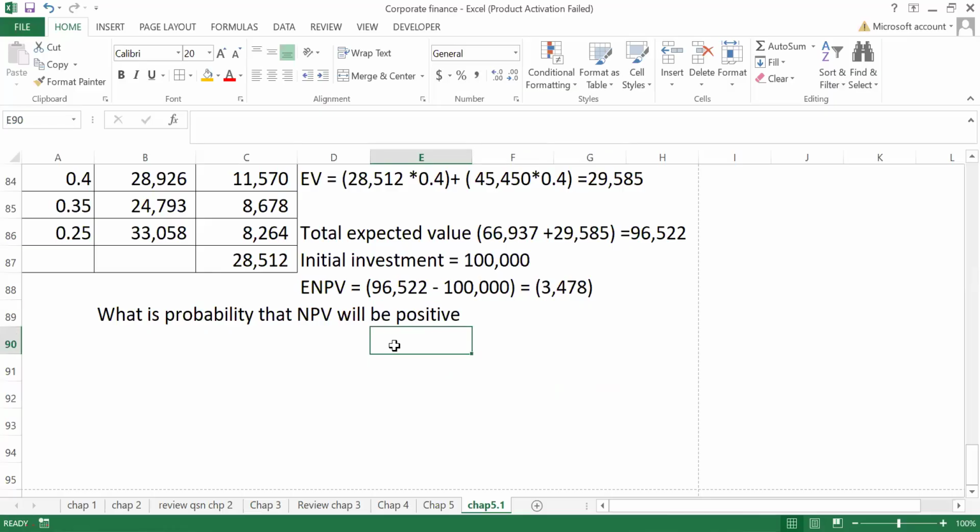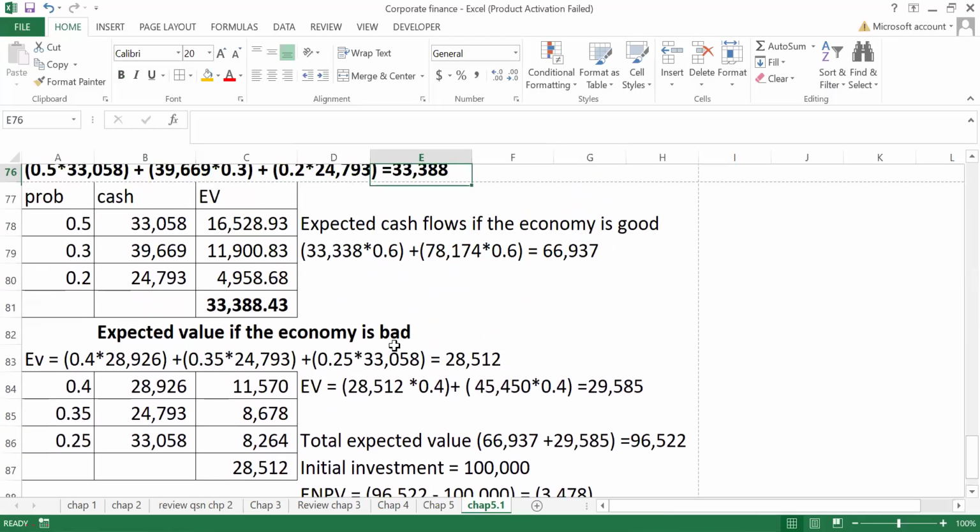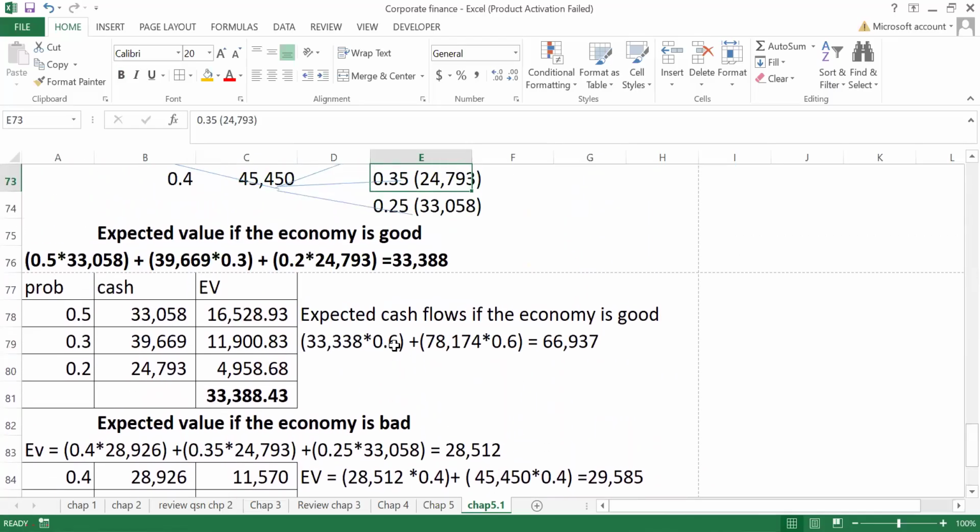After finding the negative NPV, you can argue in your presentation that the project has a 60% chance that the NPV will be positive and a 40% chance that it is going to be negative. So it is upon the top managers to make a decision, but you can provide that and defend it.